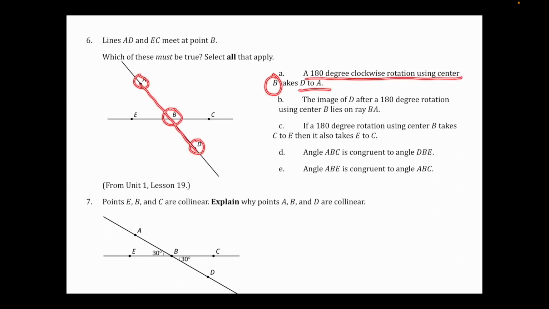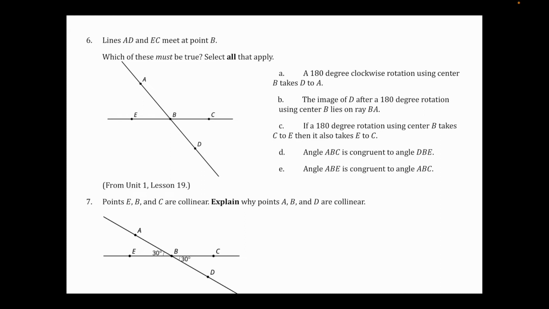Well, yes, because that makes a 180 degree angle between the image, the pre-image, and through there. So I would say that could be correct. A 180 degree rotation using center B.